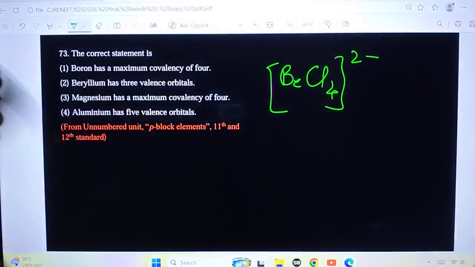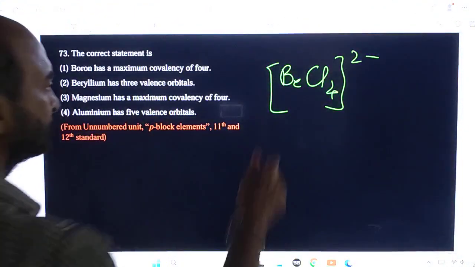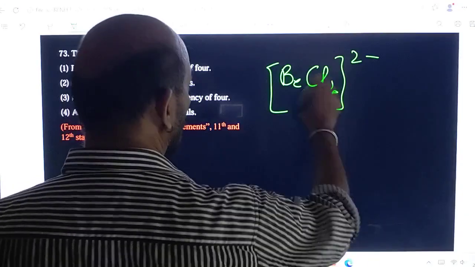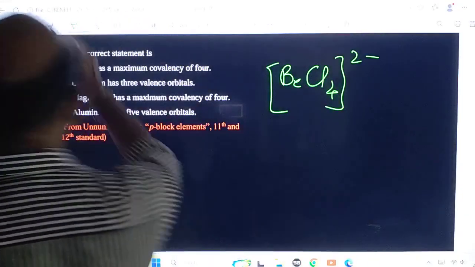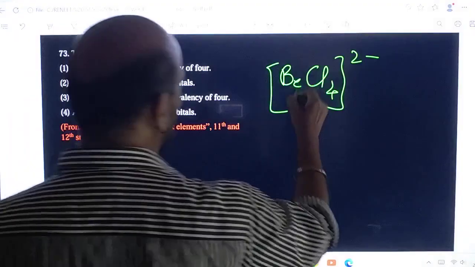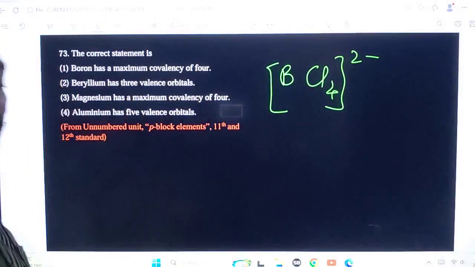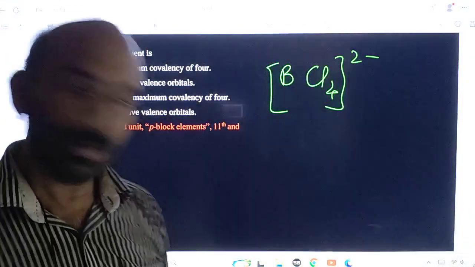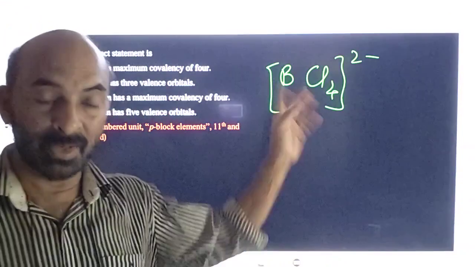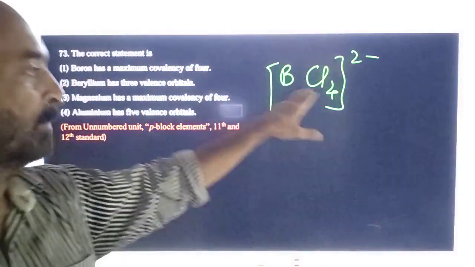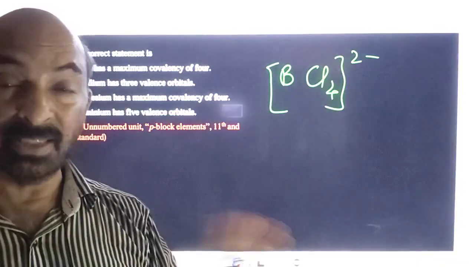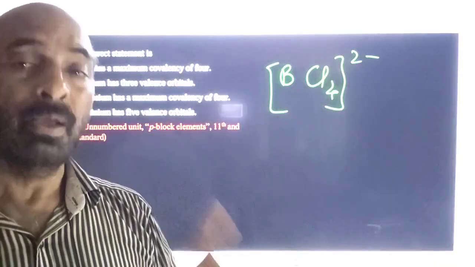Beryllium, boron, I made a mistake. Boron, you have to remember, is also an element coming in the second period. It is correct, even after wiping out that E, BCl4 2 minus is correct. BCl6 3 minus is not shown.